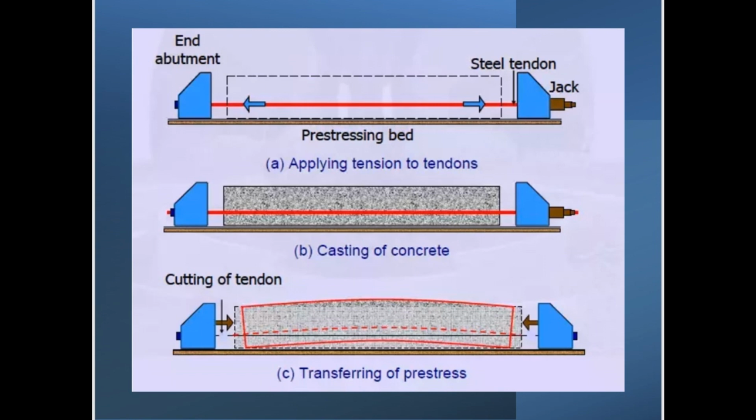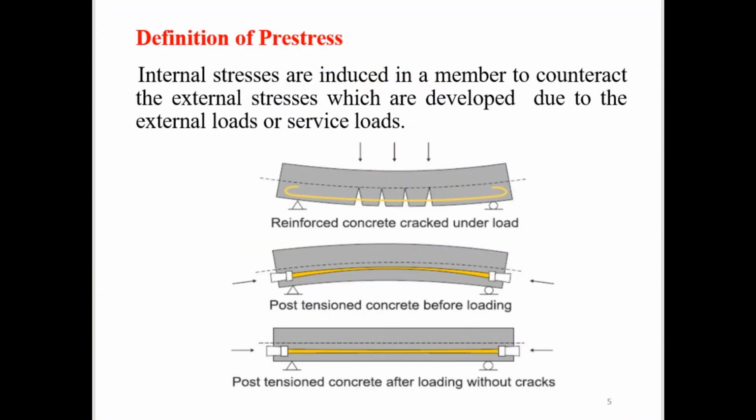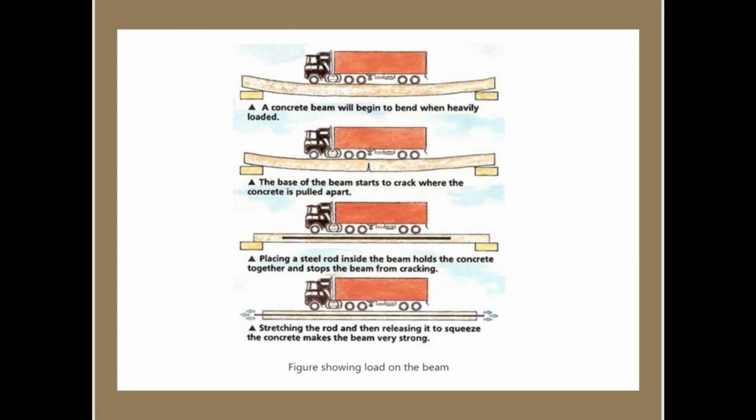So this is what I was talking about. When you understand this concept, now I can go to this slide. See here, when I spoke about the earlier slide, I said external load is applied on the member. For example, here we have taken a concrete beam, and you can see a heavy loaded vehicle, or lorry, is going.